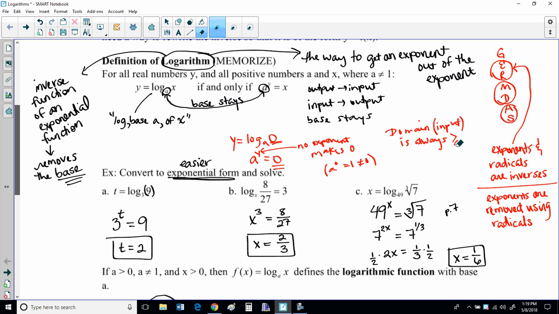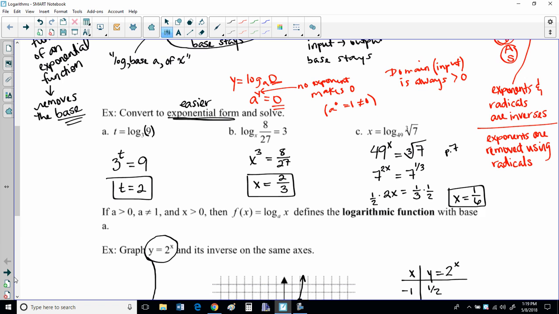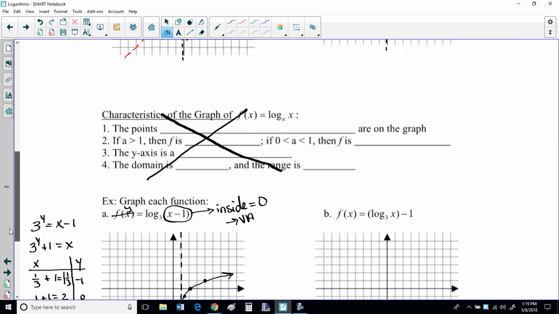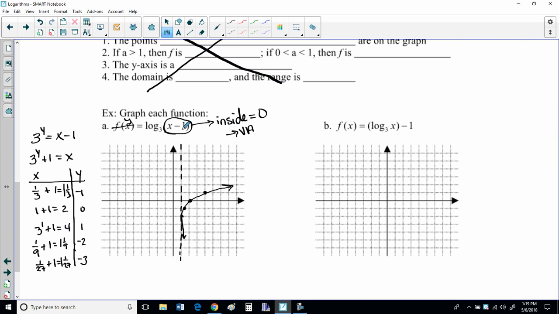Oops, not greater than or equal to, just greater than 0. That means the input, not that the whole thing has to be always greater than 0. If I have x minus 1, then x actually has to be greater than 1.